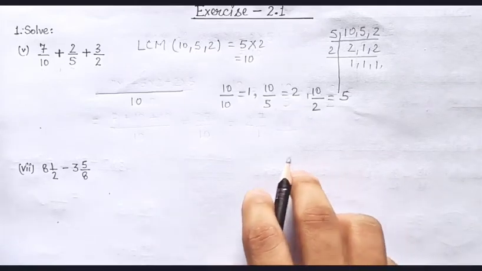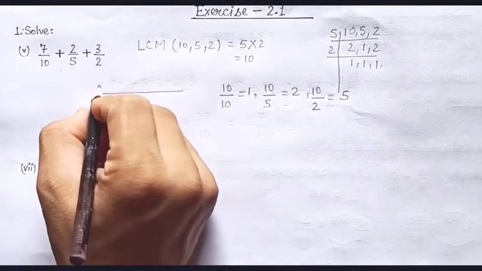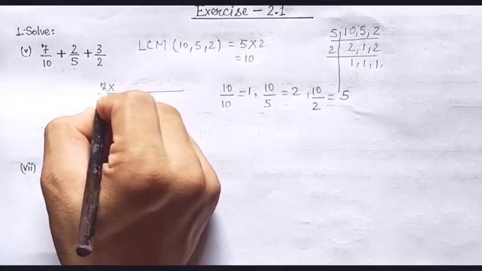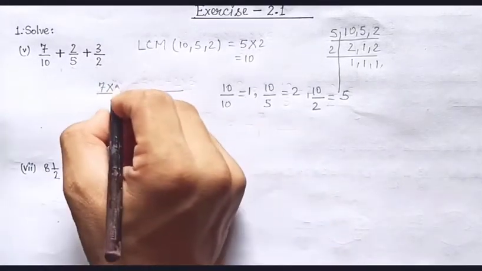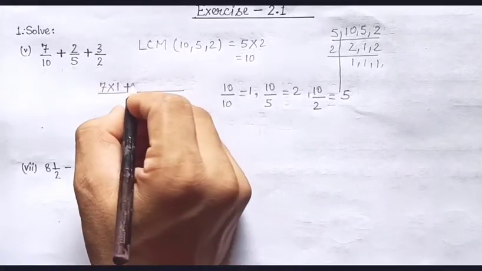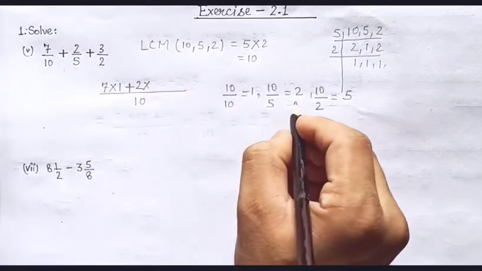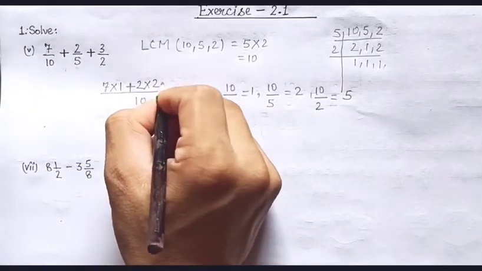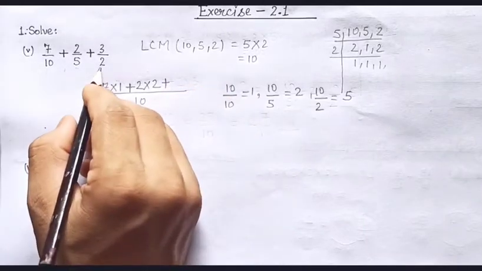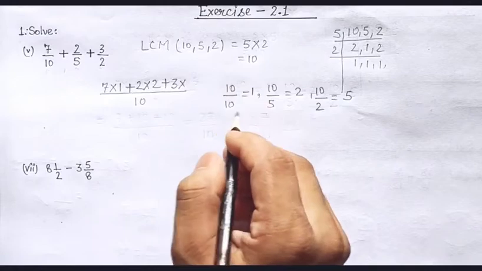Now, what do we have to put in the numerator? We put 7 into the respective quotient, that is 1, plus 2 into quotient 2, plus 3 into quotient 5.